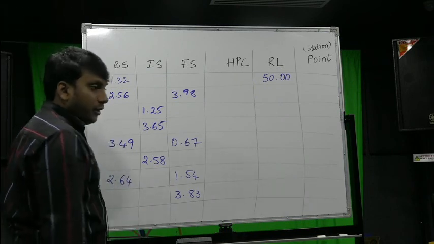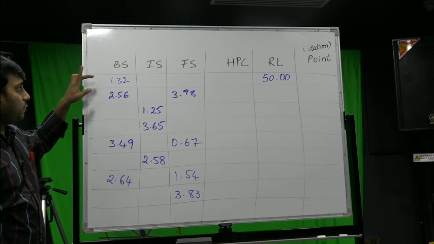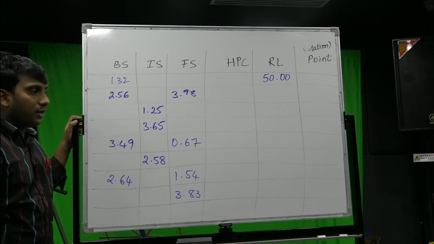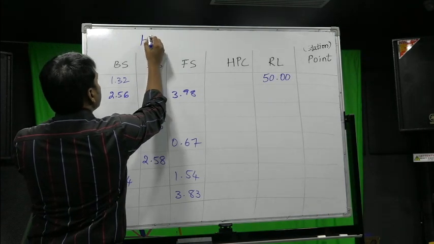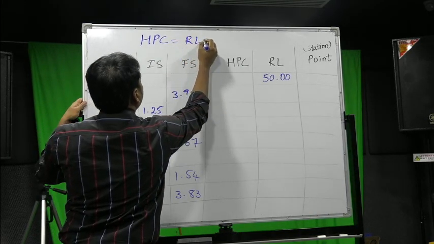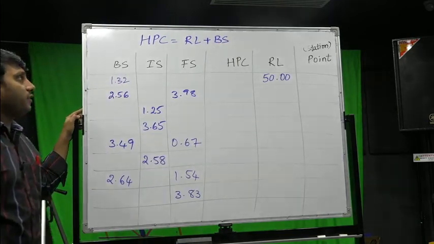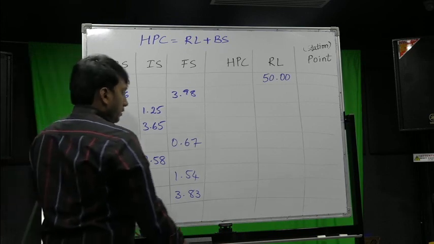Okay students, continuation to the presentation. This is the problem we need to solve, and I explained how to write backsight, intermediate sight and foresight according to the diagram. The first formula is HPC, height of plane collimation, is equal to RL plus backsight.